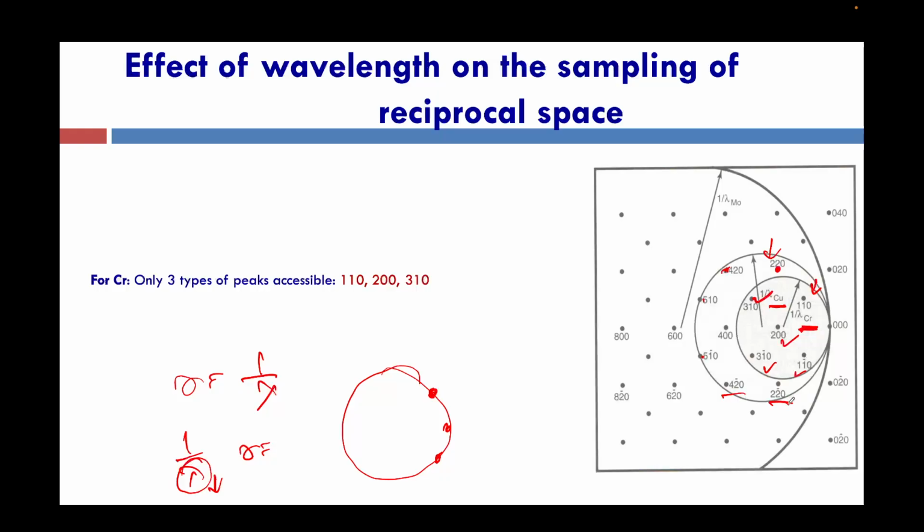From copper to molybdenum, the wavelength is even less, so the radius of my Ewald sphere is more, meaning I will be able to access more planes. The condition for diffraction, when the reciprocal lattice points stay on the surface of the Ewald sphere, is more probable here. That is why sometimes we get more planes when using molybdenum X-rays.